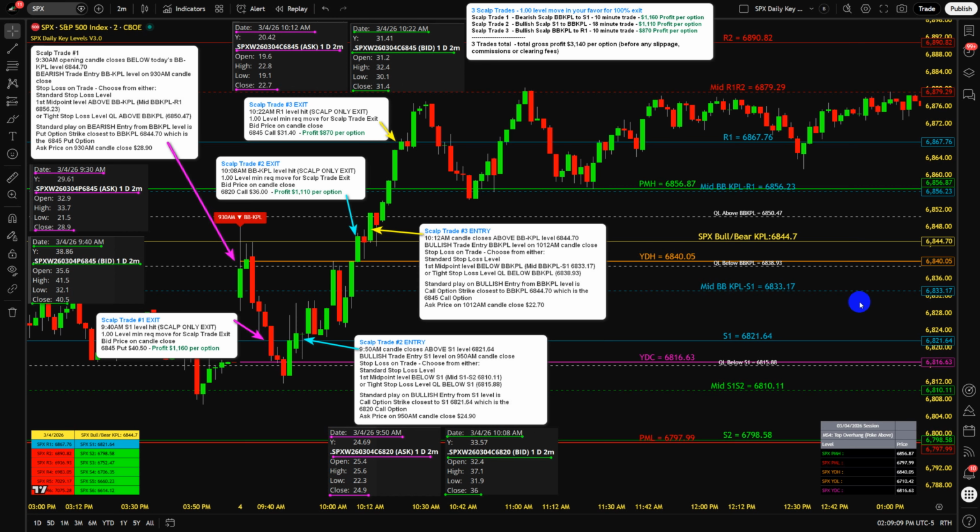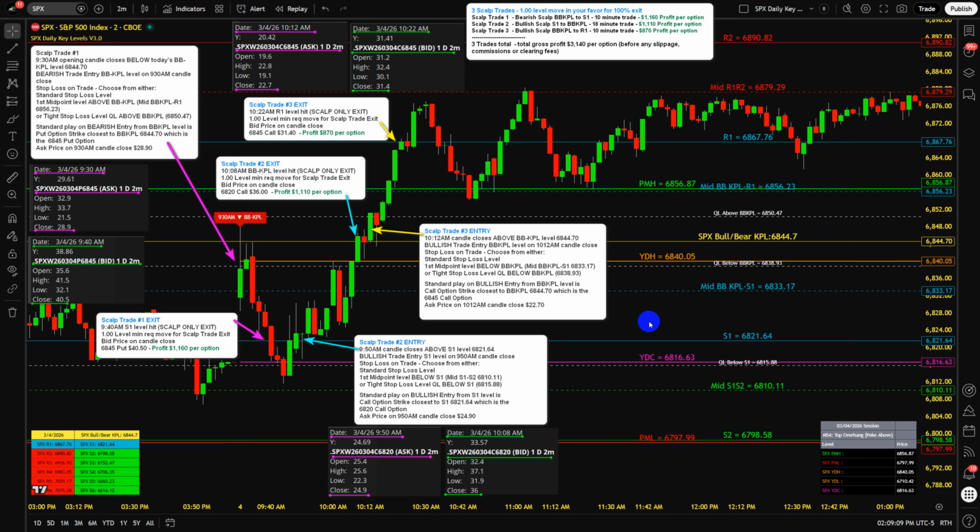However, for trades with the main key levels, either the SPX bull bear key price level, or the R1 through R6 levels, or S1 through S6 levels, the midpoint levels and the QL levels are your standard stop losses and tight stop losses for those levels.